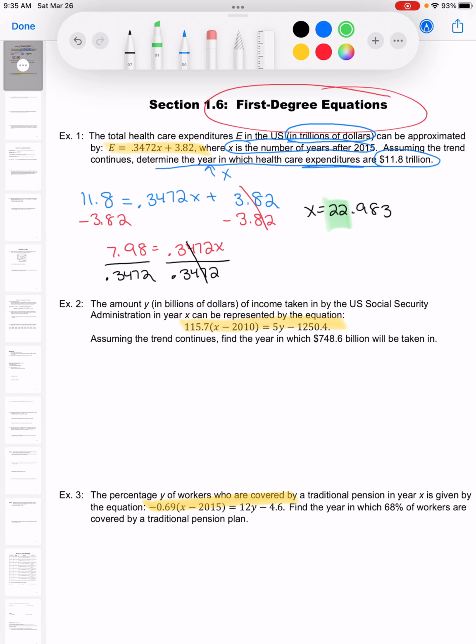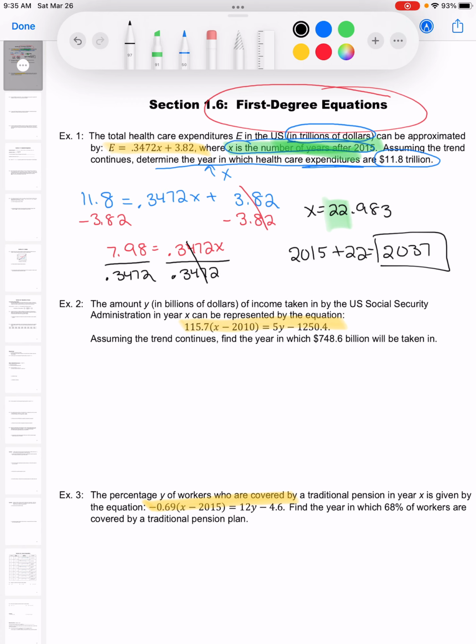Now it's 22.9, so that's probably really late in the year, like December of that year, but it still happened in that year. So we're not going to round, we're instead going to truncate and look at just the whole number. That's not a year, but I was told that x is the number of years after 2015. So that means I started at 2015, I went 22 more years. So my final answer is the year 2037.